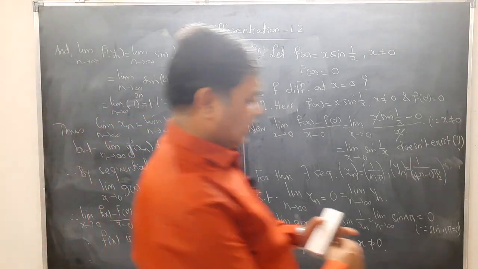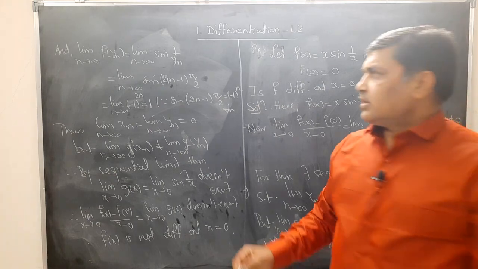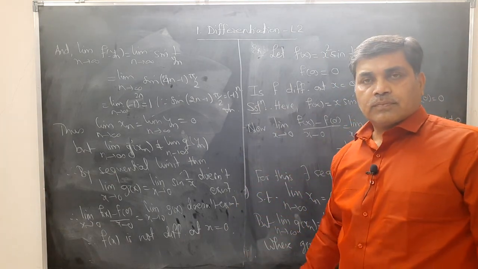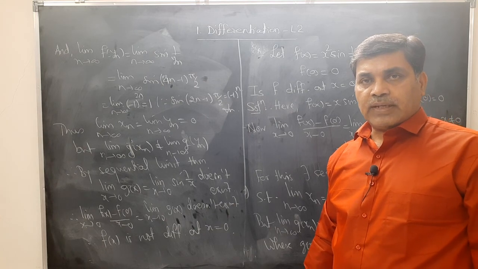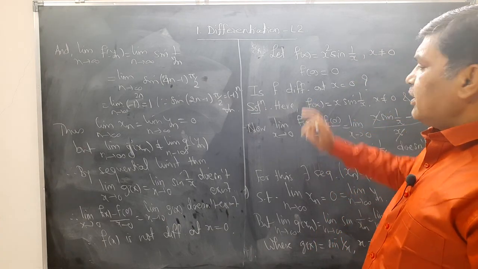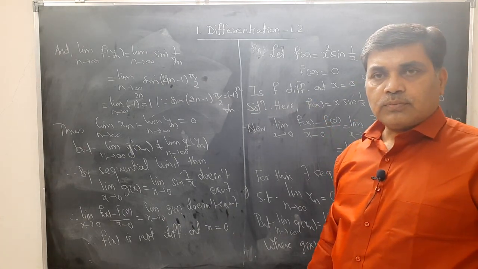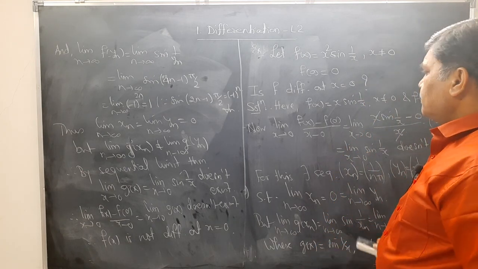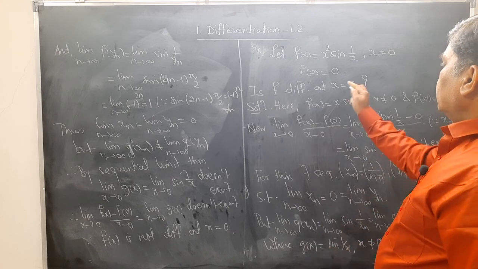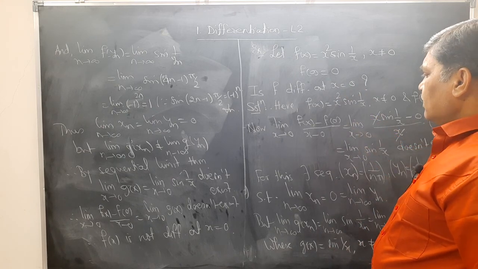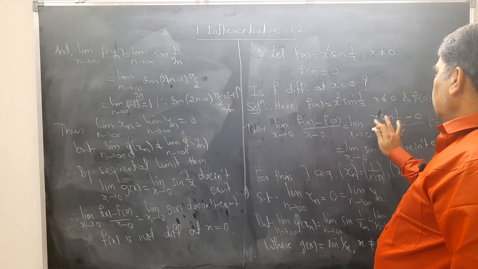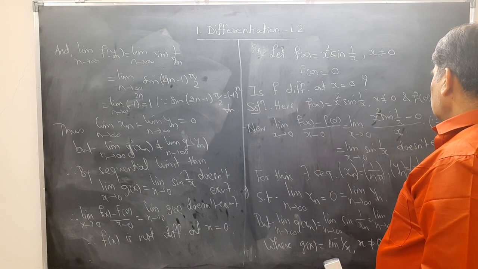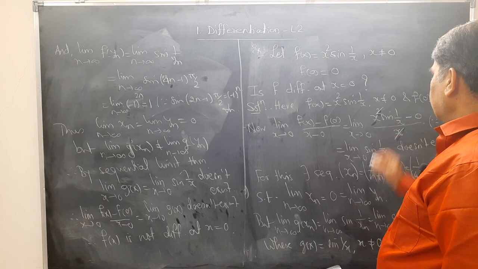Now here if I take, say, x squared into sin(1/x), then is f differentiable at x equal to 0? That you have to check. So here I will get x squared upon x, so one x will get cancelled here.